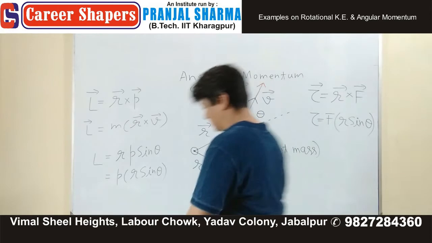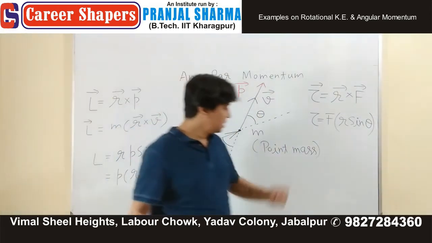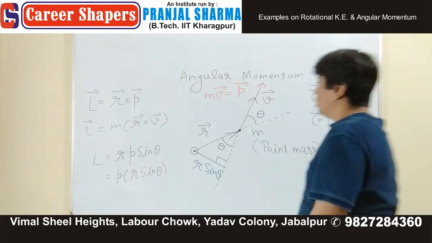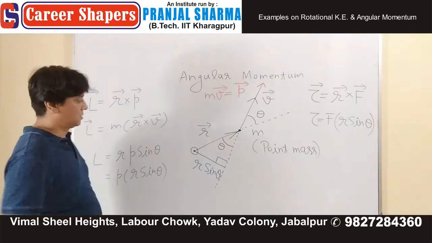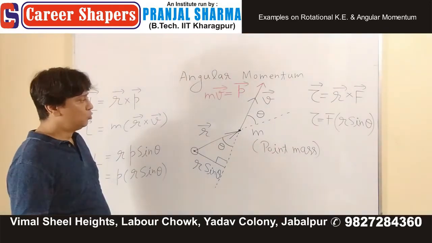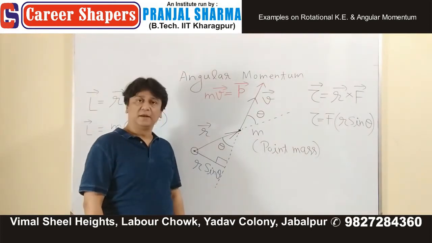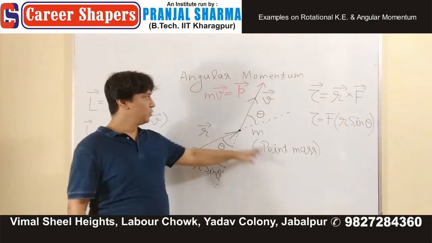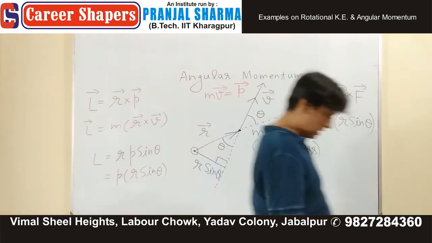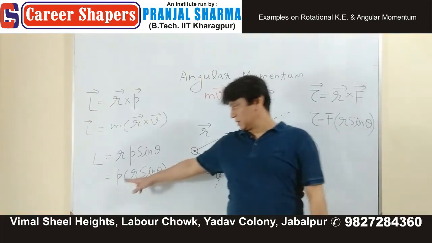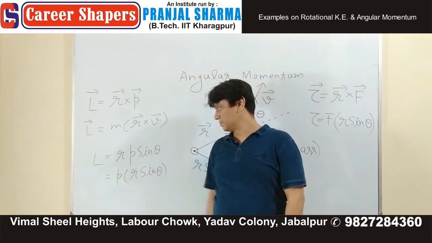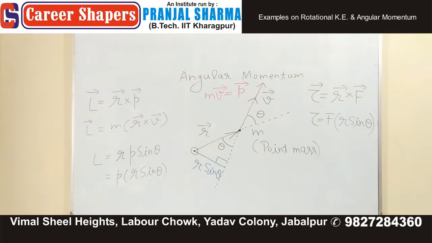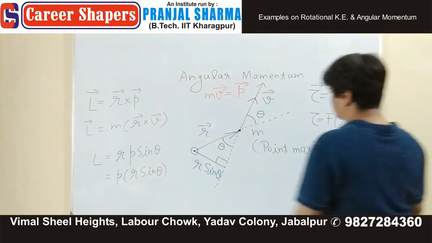Write down the statement. Angular momentum of a point mass moving with linear momentum P is linear momentum multiplied by perpendicular distance of linear momentum from the axis of rotation.